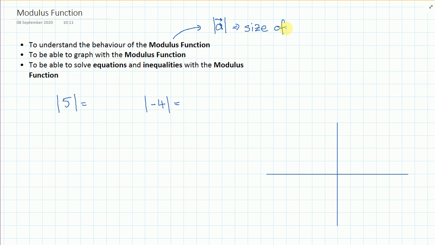We don't care about the sign. So the modulus of 5 is still 5, modulus of -4 is +4. So these two lines either side form a bracket, and the result of whatever's in that bracket is turned into the positive form. Okay, so I'll give you a couple of examples of what happens.